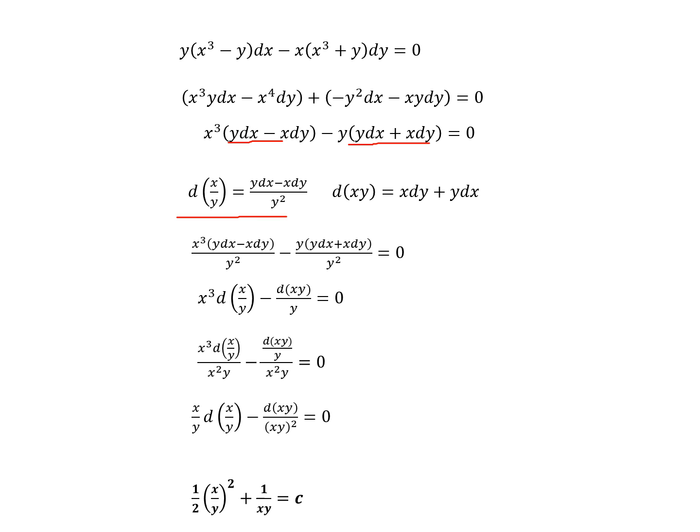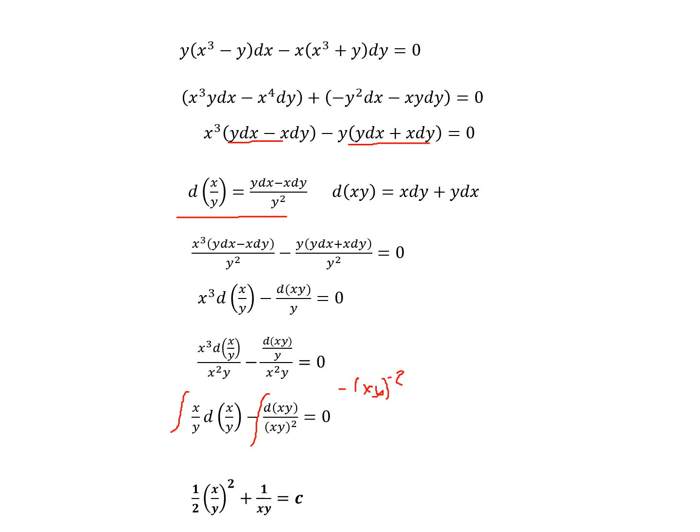Integrating that already, the integral gives you, this is just a power, so this is (x over y) squared over 2, and this is the same as negative (xy) to the negative 2.